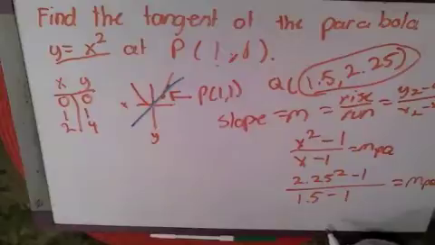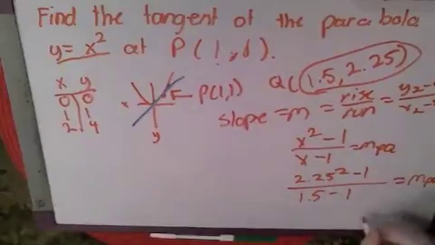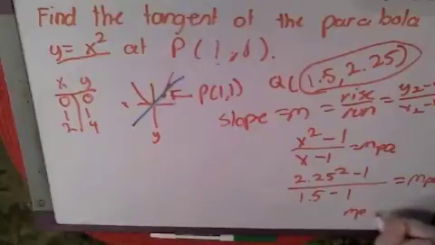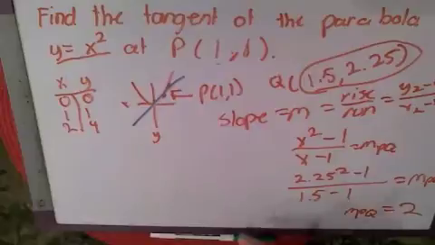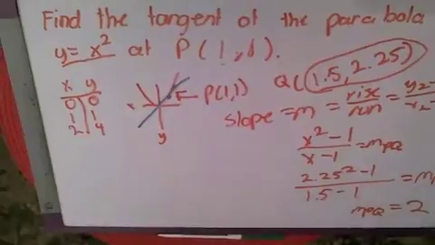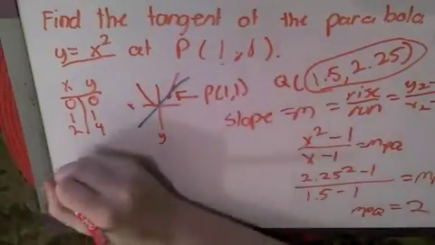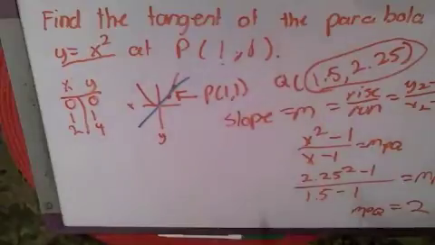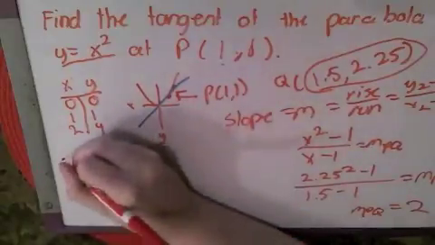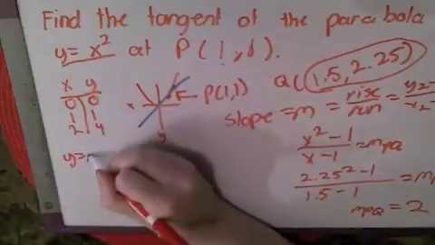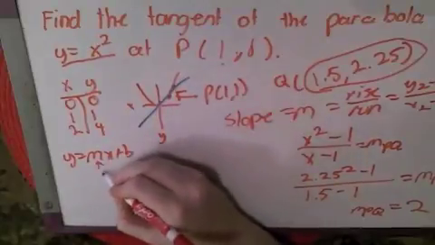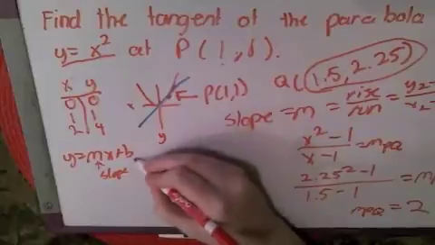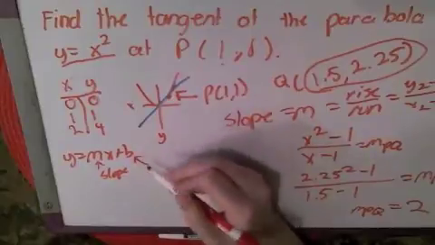Since your slope is 2, we need to go back to the equation of a line. And we know that the equation of a line is y equals mx plus b. I'm just going to write that down here. y equals mx plus b. And if you remember, m is your slope and b is your y-intercept.